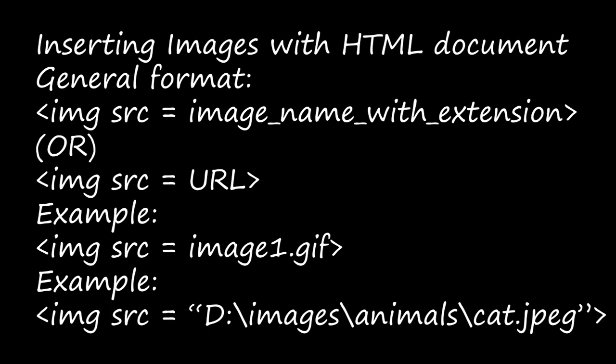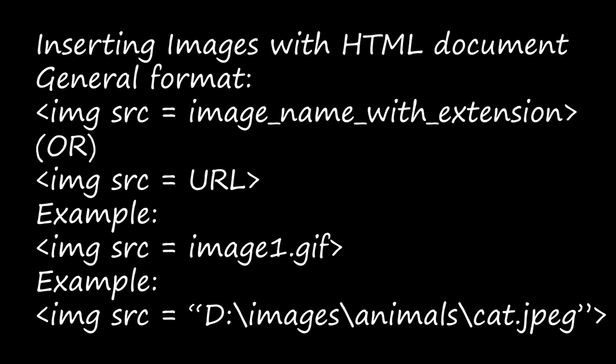That means if it is in the D drive, you have to give D colon slash, and then the images folder, and then again slash, and if it is inside the animals folder, animals. You have to give all the folder names separated with a slash, and at last you have to give the picture or image name with the extension. Then you will be able to display the image in the output.